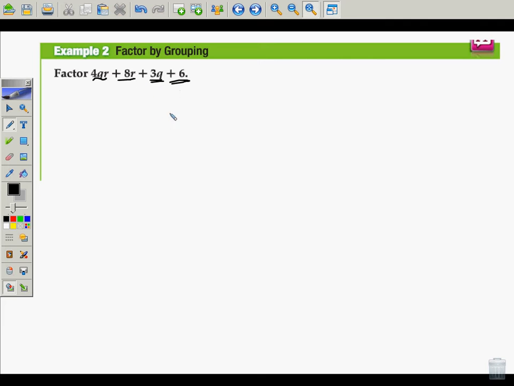But what makes it tricky is that this 4qr also has a q, and this 3q has a q. But what's most important for you to see is that you're going to be left with the same thing. Notice, if I would take a q out of this and a q out of this other term, I would have an r, and the r would be left inside of it. So we wouldn't be left with those common factors.